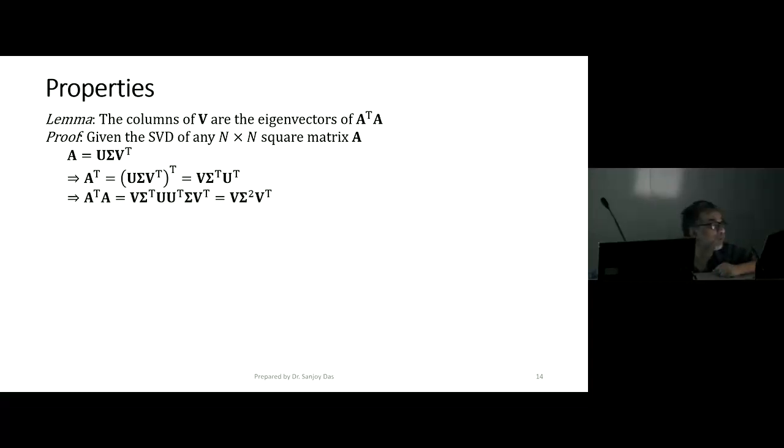Correct? Whence A transpose A equals this. And U transpose U is the identity matrix, because U is a unitary matrix. Here we are looking at full SVD, assuming A is a tall matrix. Okay, so A transpose A will be V sigma square V transpose. This sigma square is actually sigma sigma transpose.